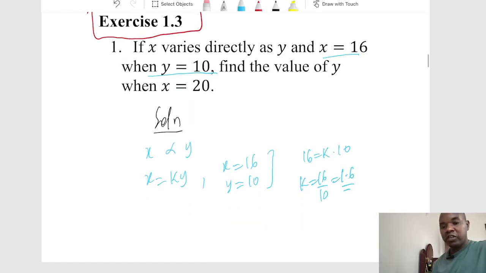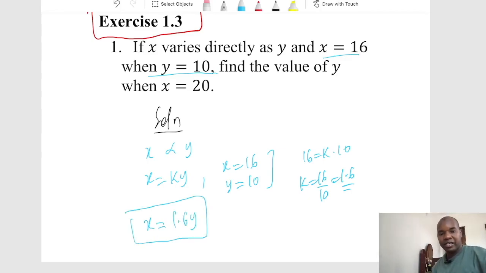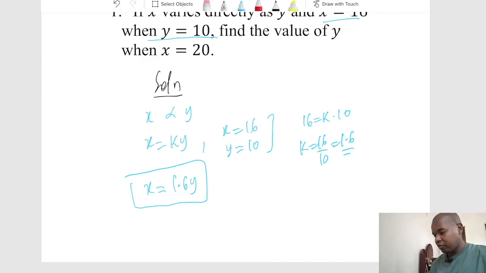So the equation connecting x and y is x equals 1.6y. Find the value of y when x equals 20. So we're supposed to find the value of y, given that x is 20.